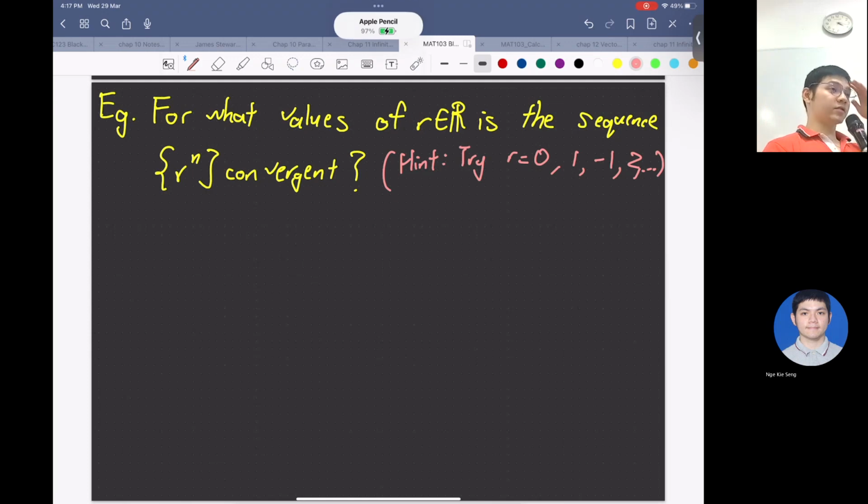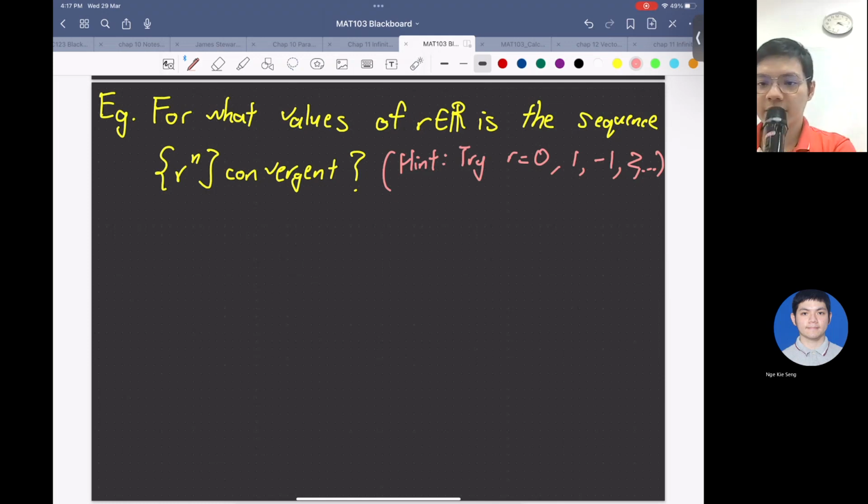Always try with something that's computable first, and see if you can see anything.